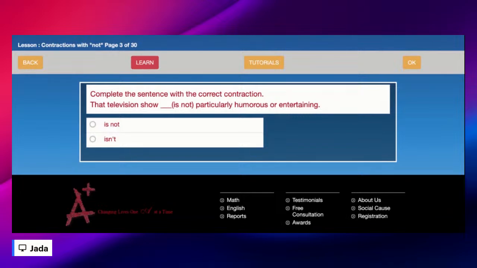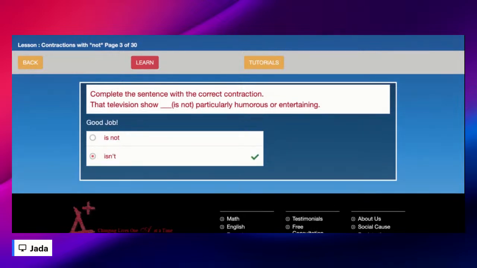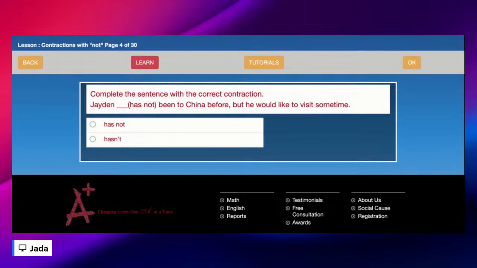Okay. Two as well is not. Jaden dash been to China before, but he would like to visit sometime. So has not. So what is the most suitable?